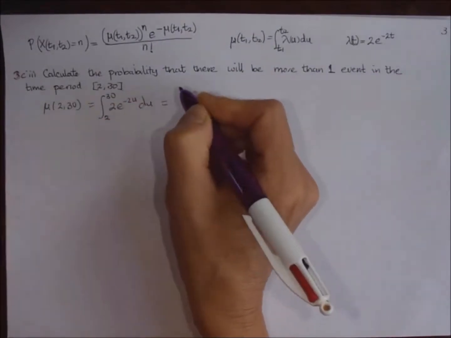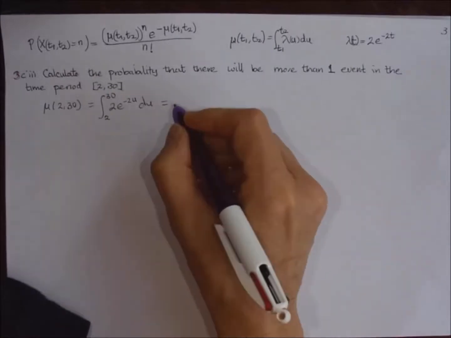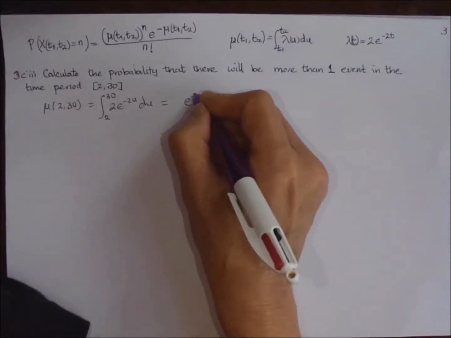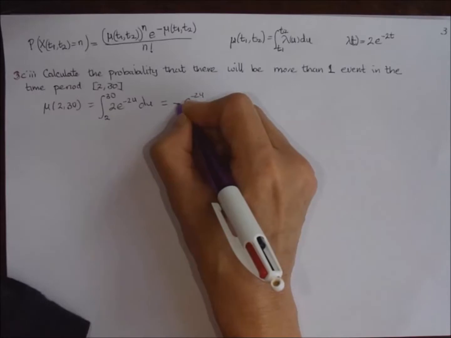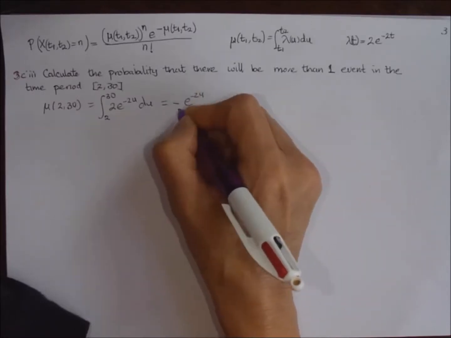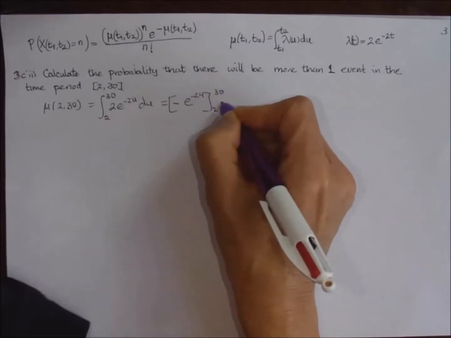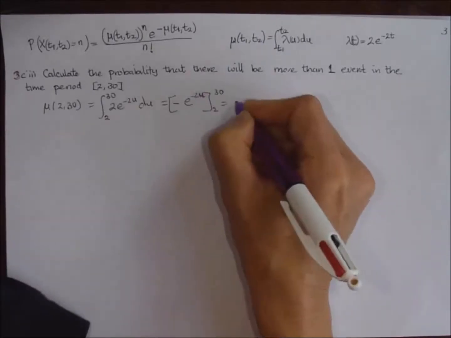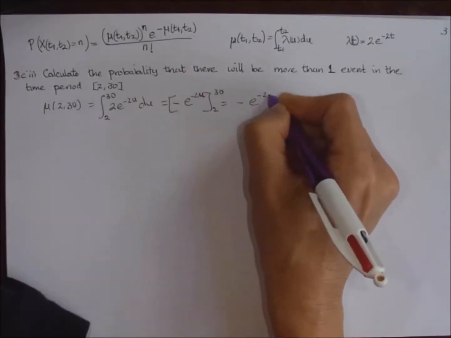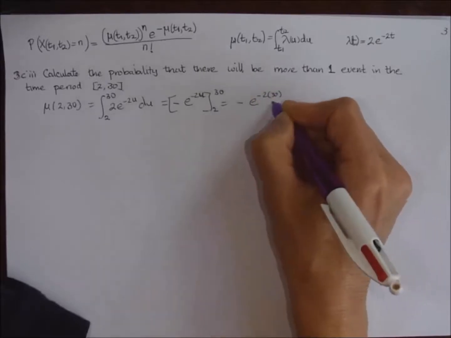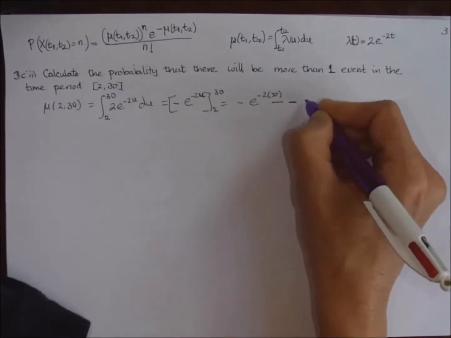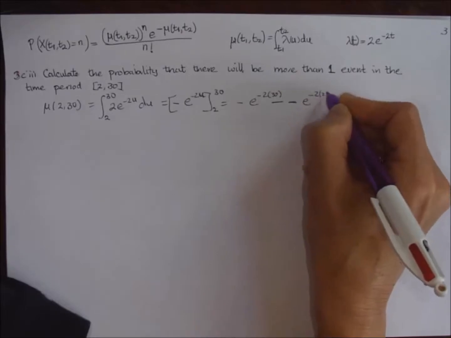We use u as a dummy variable for now, and that is going to be e to the minus 2u minus, the 2's cancel out, we did this earlier, and it's between 2 and 30. So that will become, u minus e to the minus 2 times 30 minus, because we're subtracting the limits, minus e to the minus 2 times 2.